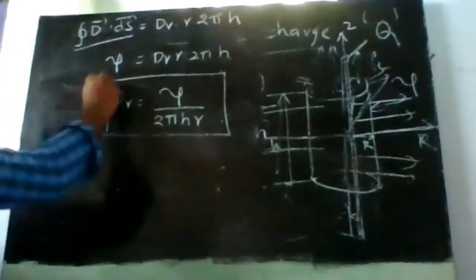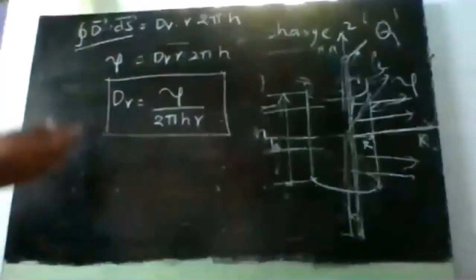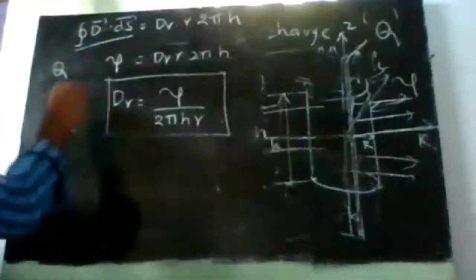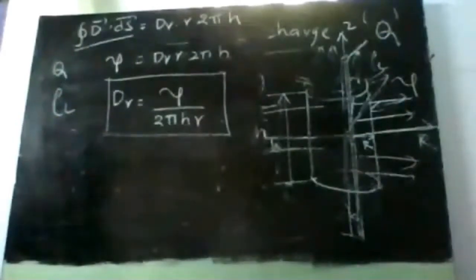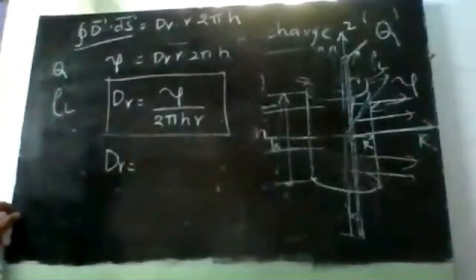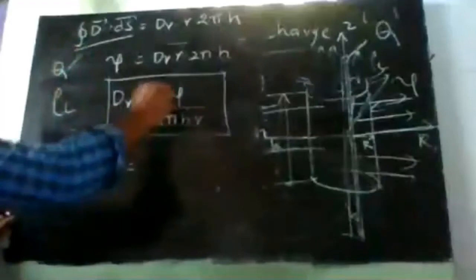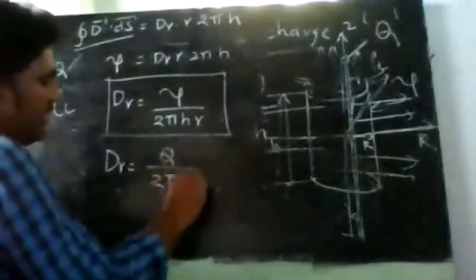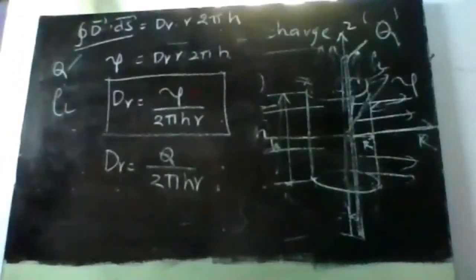Otherwise, if instead of psi the total charge enclosed q is given, then as per Gauss law psi is equal to q, so dr is equal to q by 2 pi h r.